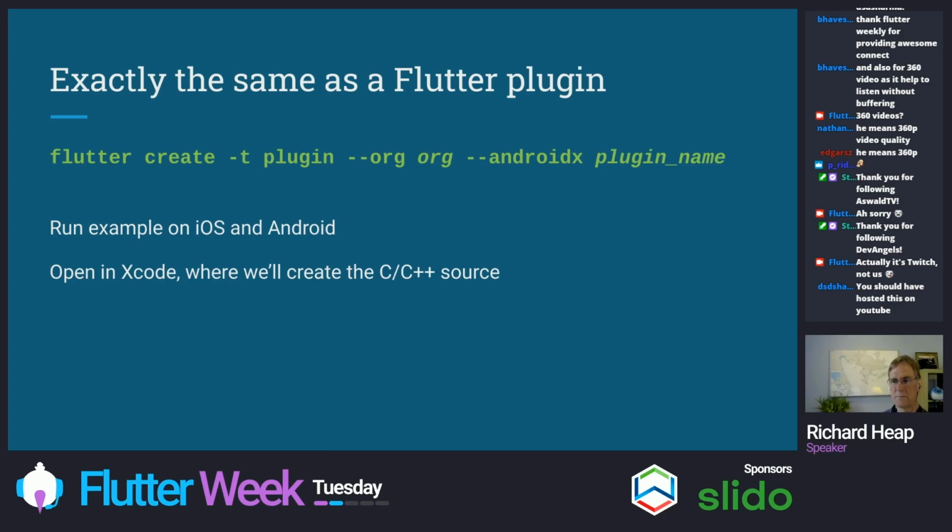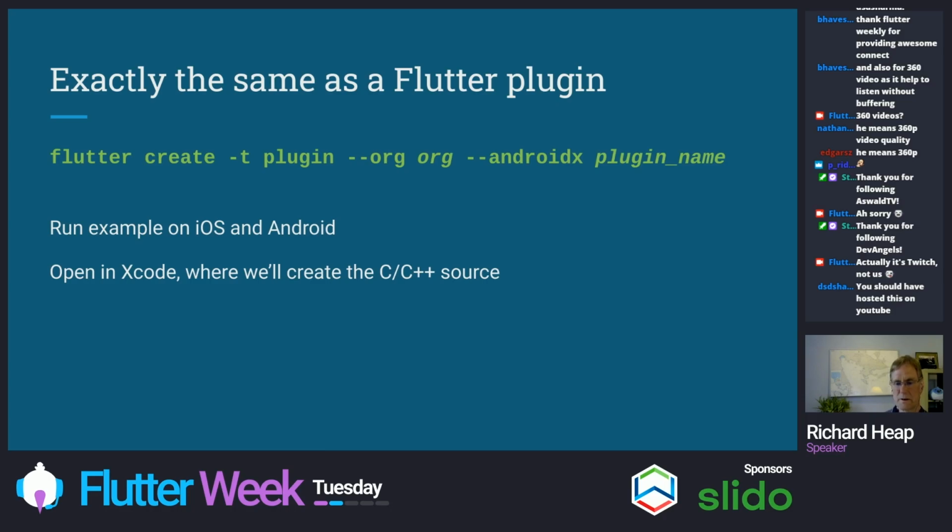And one thing that's kind of important when you create a plugin is to immediately run it before you try opening it in the IDE. And there's a reason for that. The first time that you run the example app that's part of the plugin, there's going to be quite a lot of code that gets generated. All the little generated registrants all get created, and on iOS the pod gets installed.